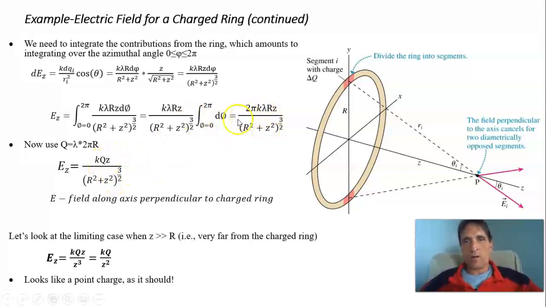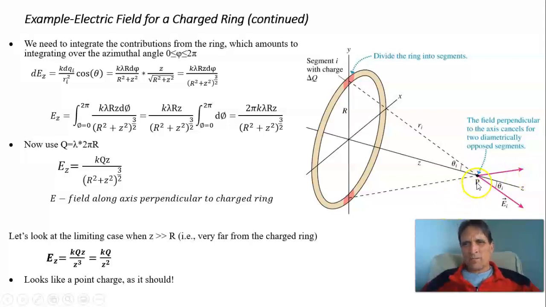It really doesn't matter which one of these two ways you do it. I'm just being consistent here with the author. So this is the equation here for the electric field at some distance z from the center of the ring, perpendicular to the ring.